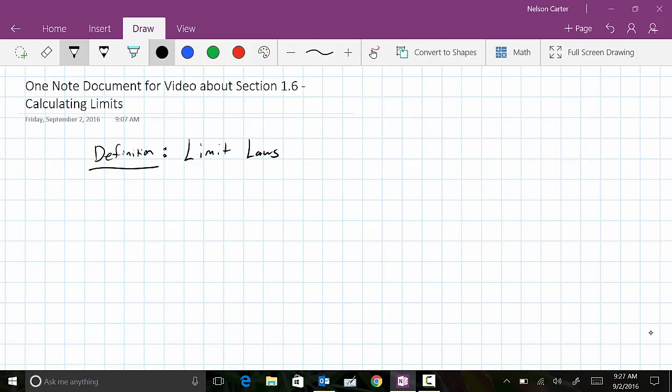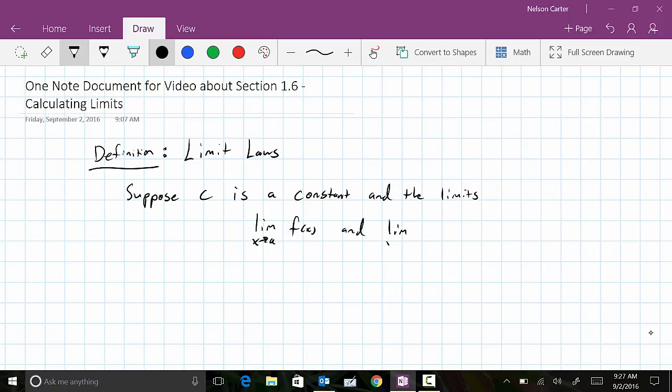So the definition says, suppose that c is a constant, and the limits, the limit as x approaches a of f of x and the limit as x approaches a of g of x exist.